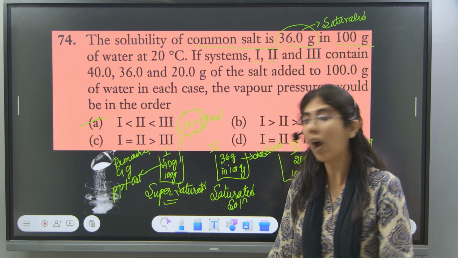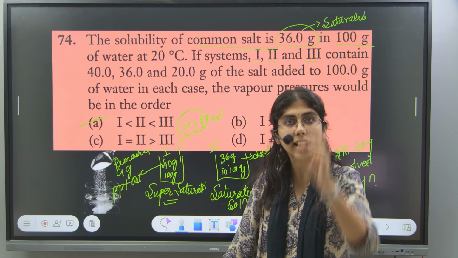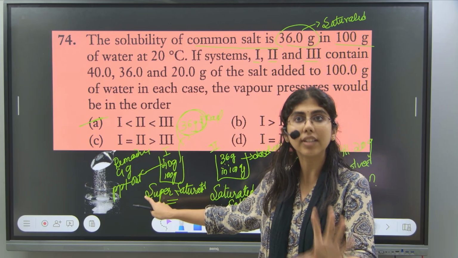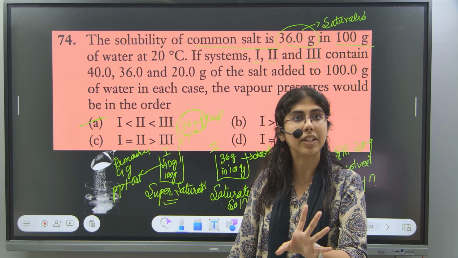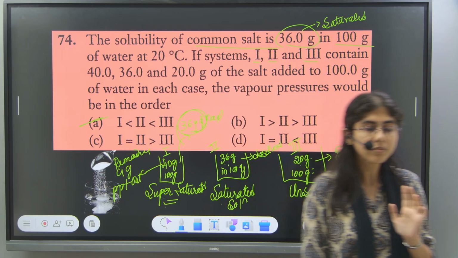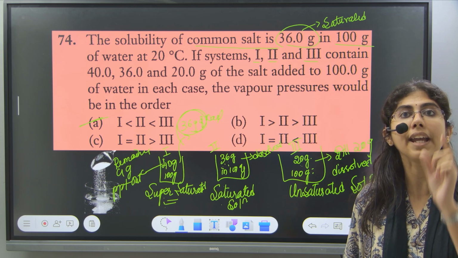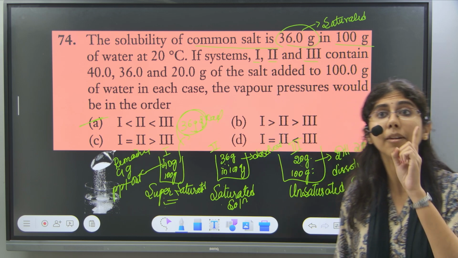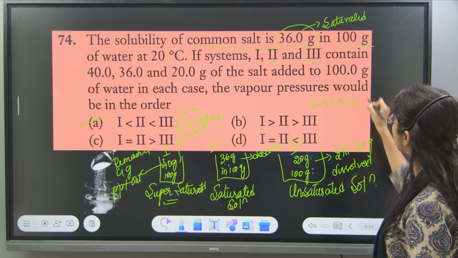Let's say you have added 50 gram. The solvent can take only 36 gram. Only 36 gram will be in dissolved form. Whatever remaining amount will be there will be in precipitate form. Now, the vapor pressure of a solvent will be affected only by the dissolved amount of solute.